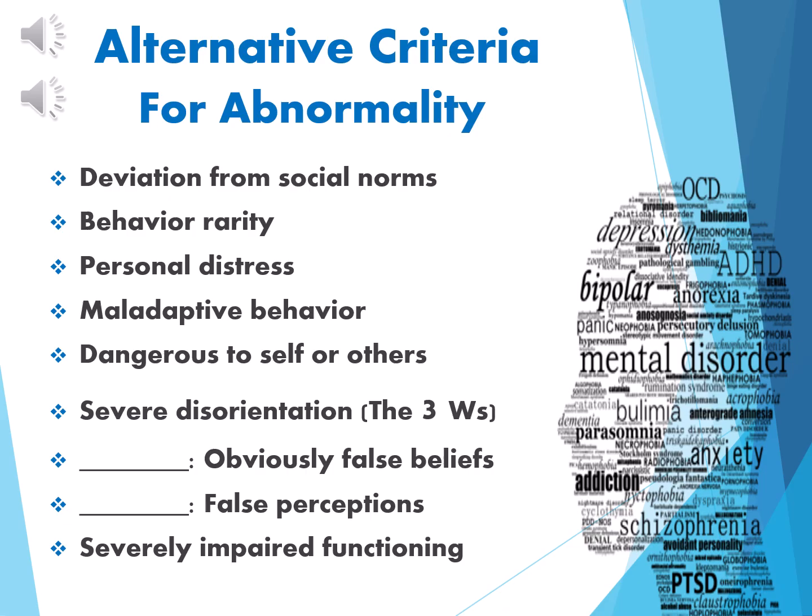Obviously, false belief, a nice short definition for delusion. False perception, a nice short definition for hallucination. Severely impaired functioning, so the person may not be able to maintain themselves in a healthy and safe manner. So to be able to do their hygiene, safety, if they're impaired, how to access services that they need, and so on. So think of this as an alternate criteria for our 4Ds.